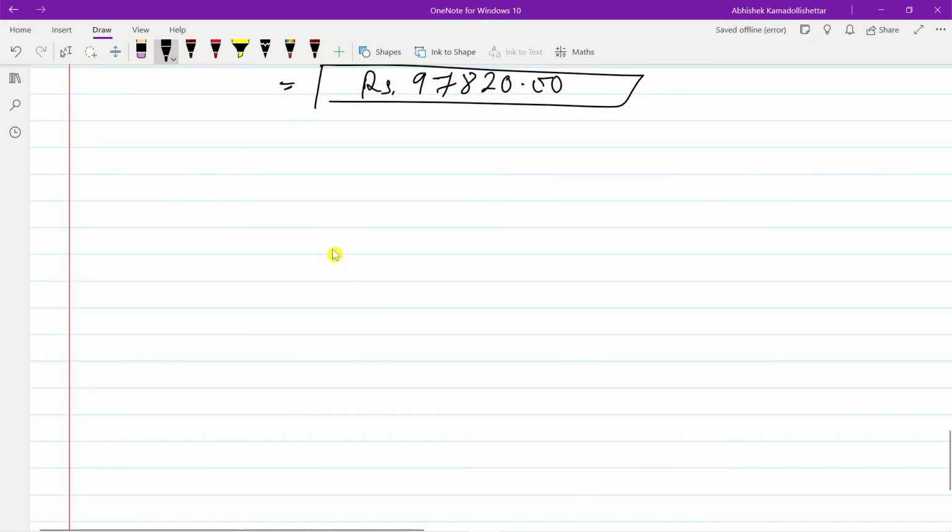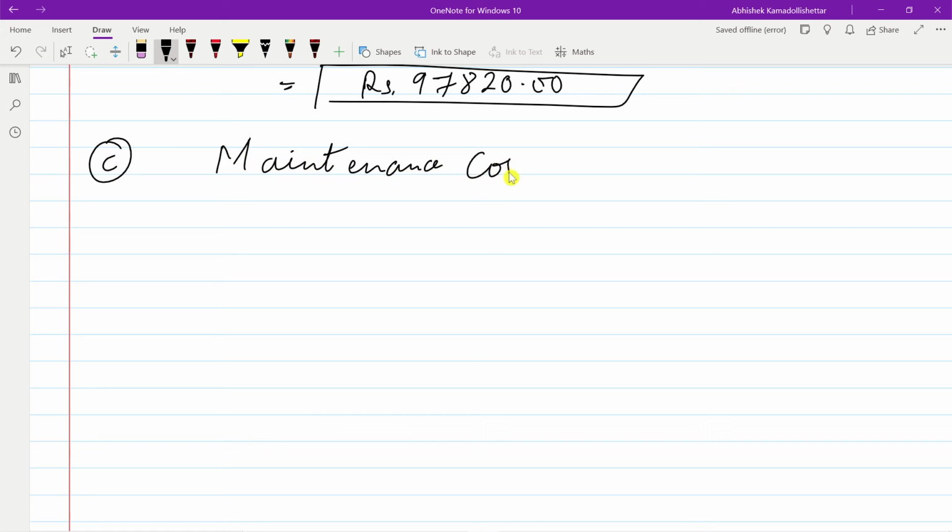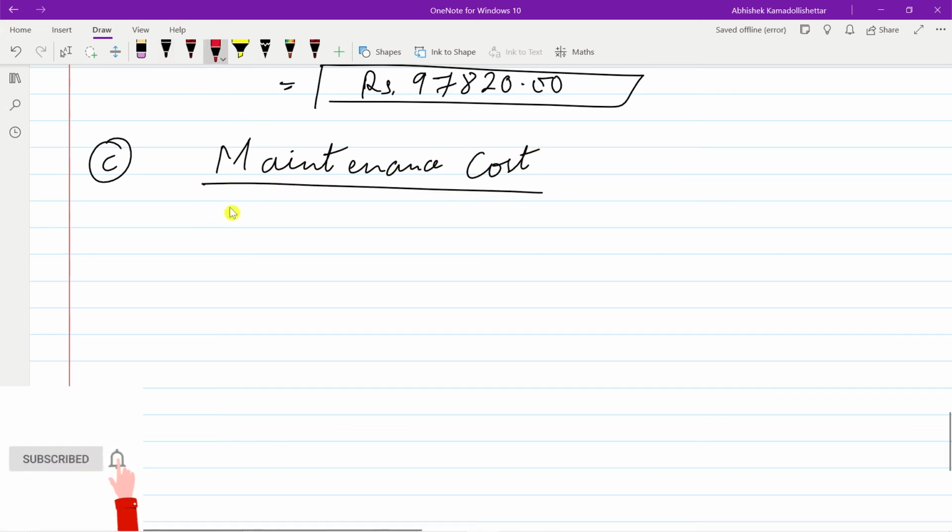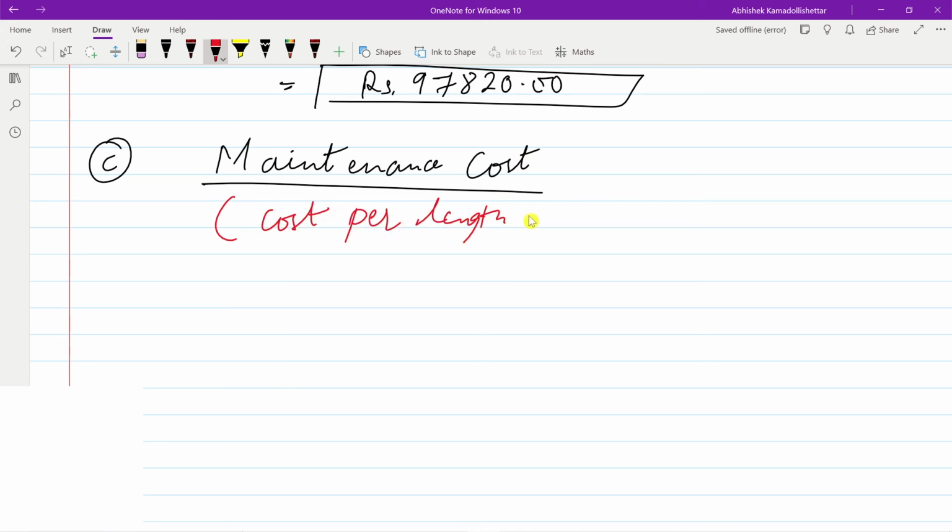The last one, C, is maintenance cost. Maintenance cost is the cost per kilometer, so for 1 kilometer we have to check, and for 10 kilometers how much would it be?